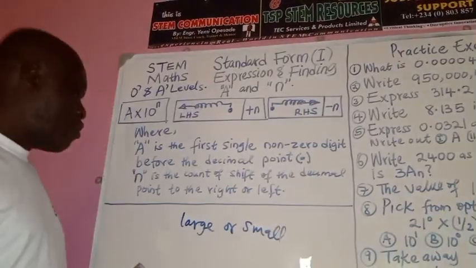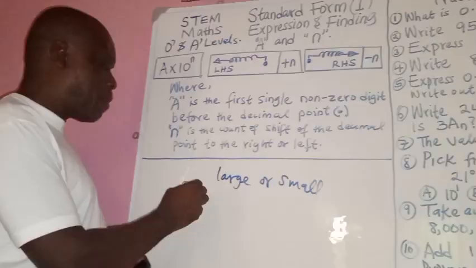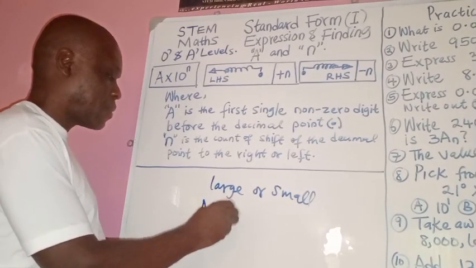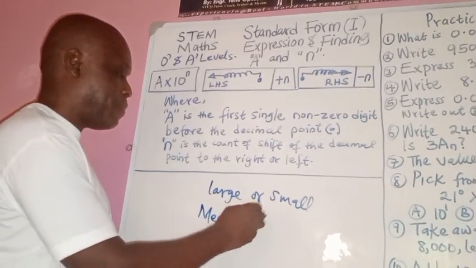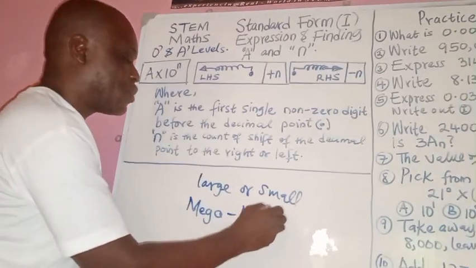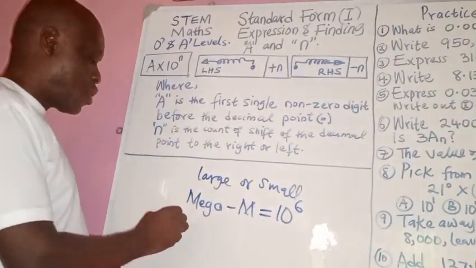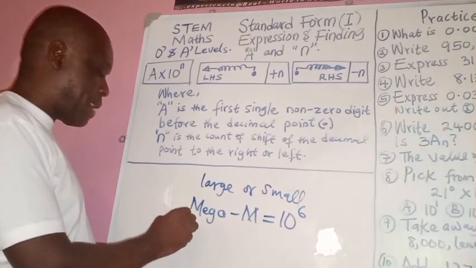What do I mean? For example, we have numbers that are mega, that is capital letter M. These are numbers that are to the power of 6, that is, in millions. We have those that are micro.